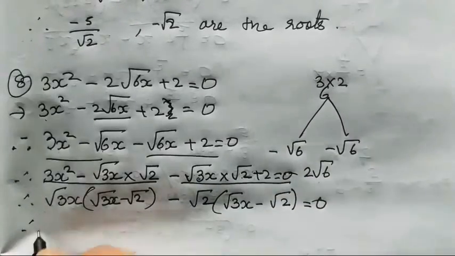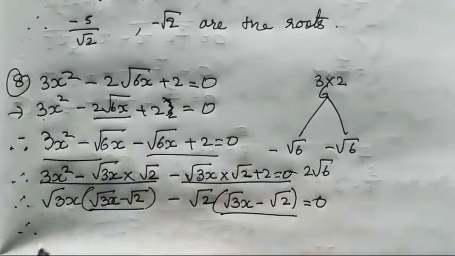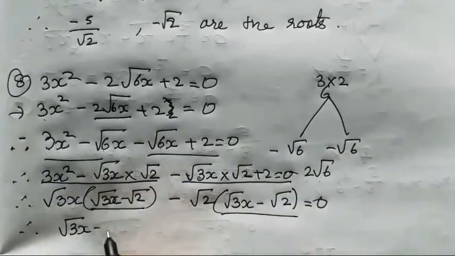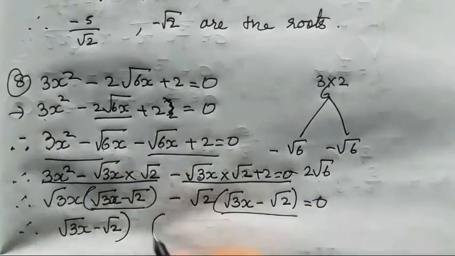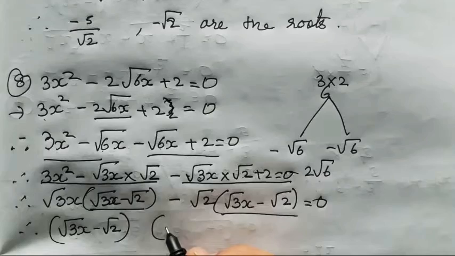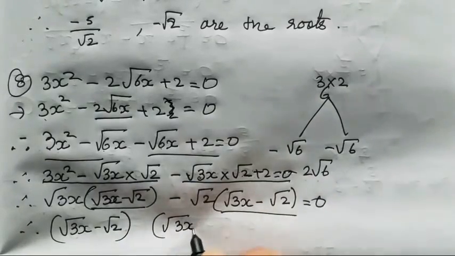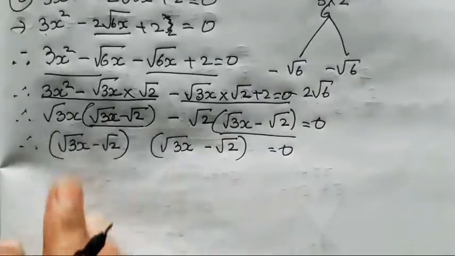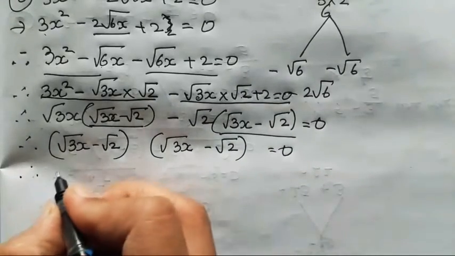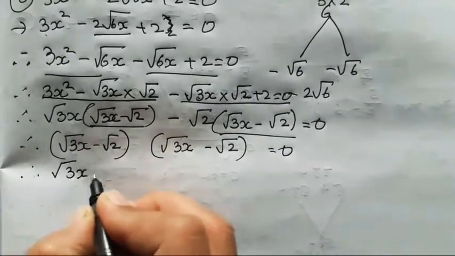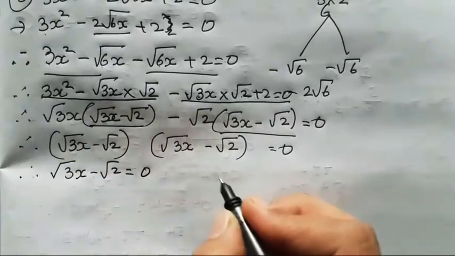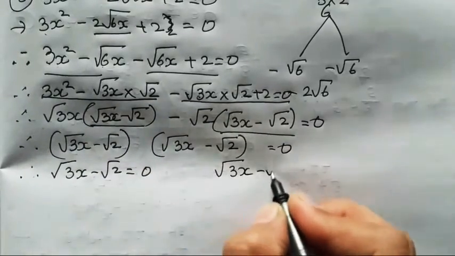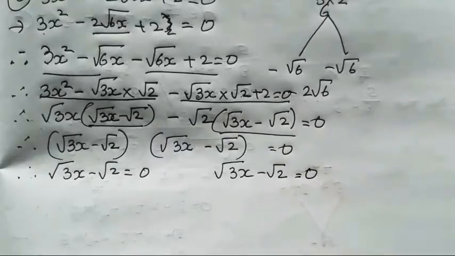Right? So therefore this thing is common. So root 3x minus root 2 and root 3x minus root 2 is equal to 0. Separate equations we have got. So root 3x minus root 2 is equal to 0 and root 3x minus root 2 is equal to 0.